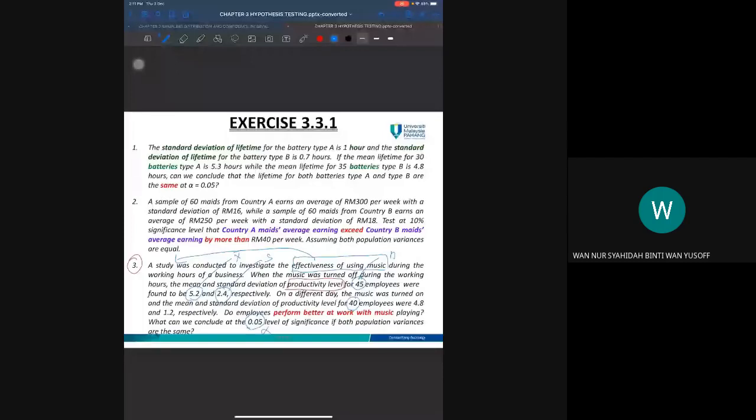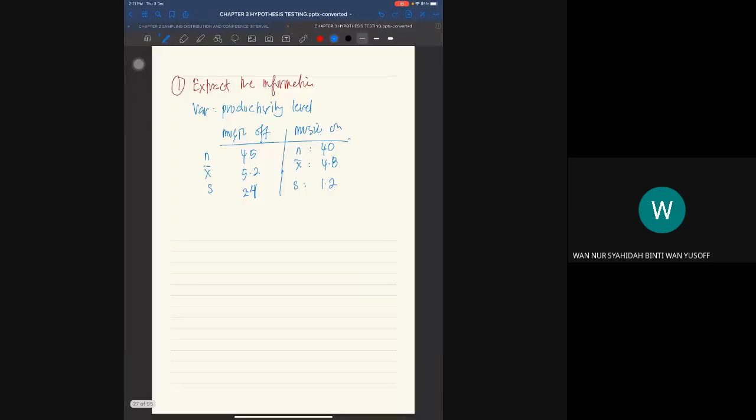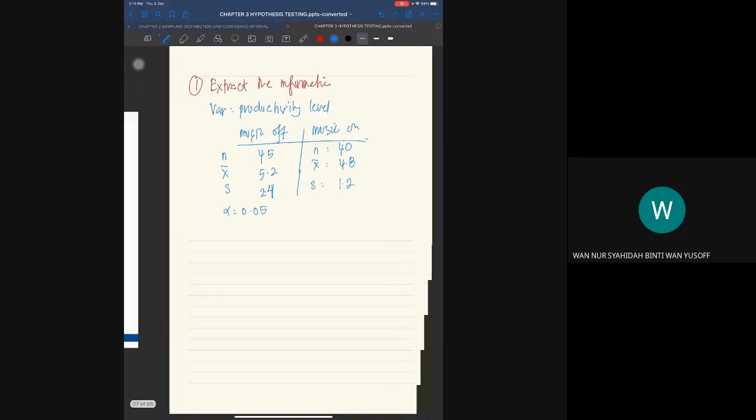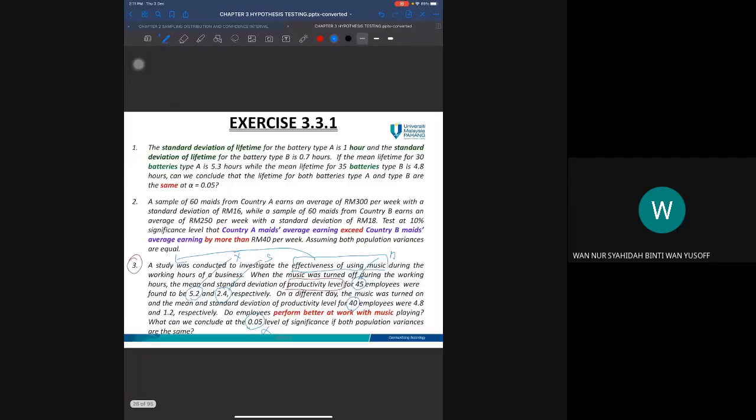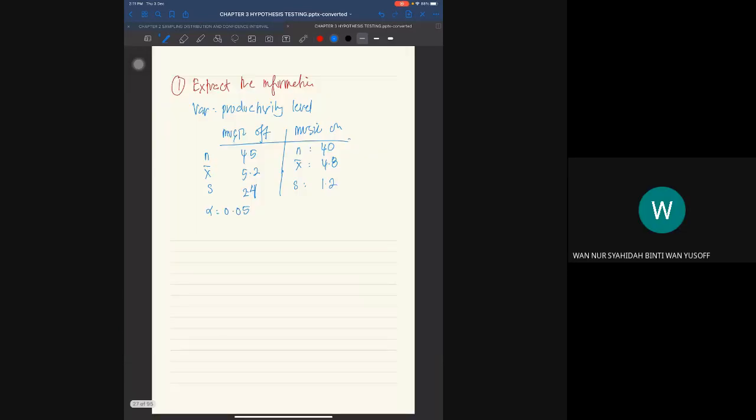Both population variances are the same. How do we write this statement? Sigma 1 equal to sigma 2, or you can write sigma square 1 equal to sigma square 2.